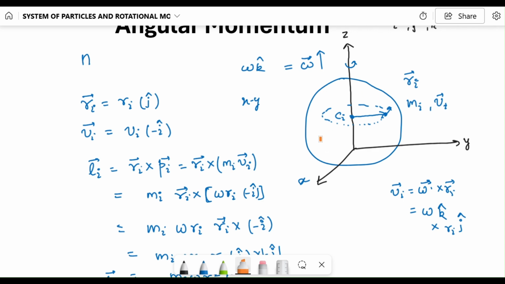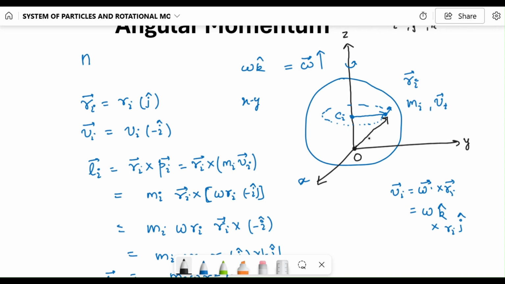Or, if I am not going to choose the centers of these circles as a reference for position ri, and rather choose this origin as a common reference point for all these particles, then we are actually losing one piece of information here.